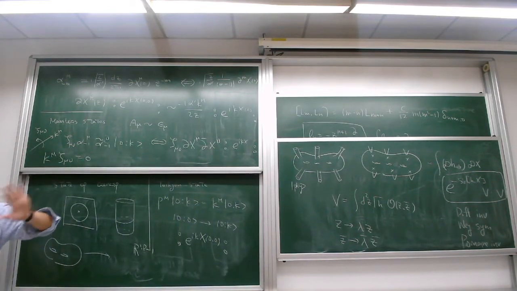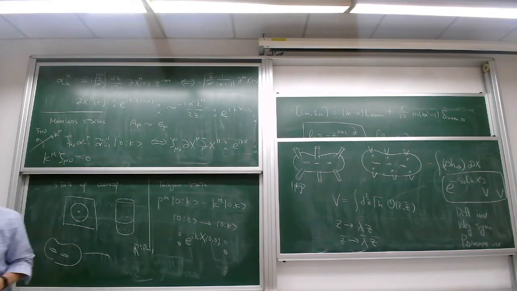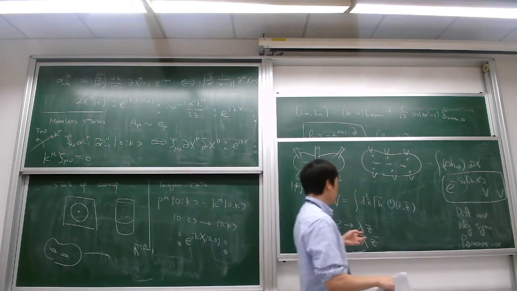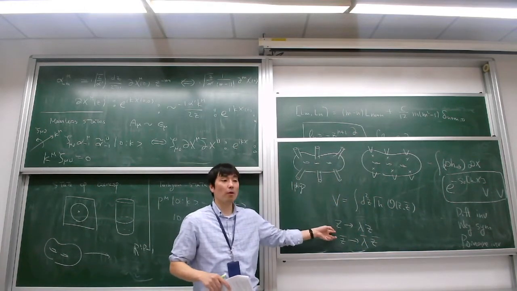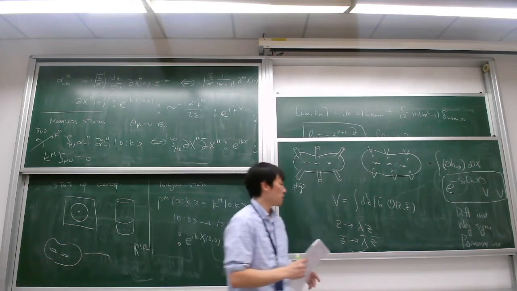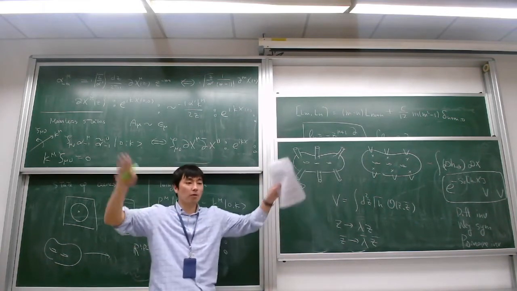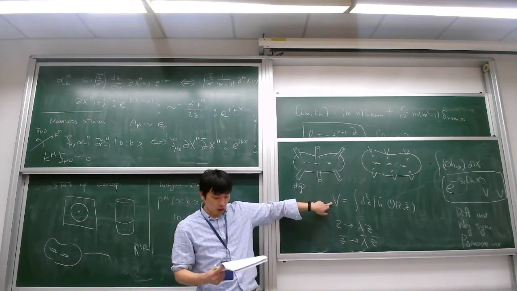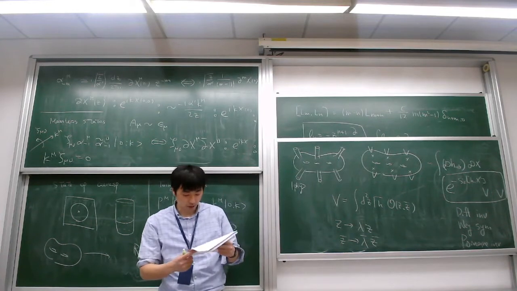If you scale the metric, you can zoom into the region or zoom out. So that's what the Weyl symmetry does, and this can also be understood as a diffeomorphism of the Riemann surface. Scaling is just a diffeomorphism. So therefore, this vertex operator should be invariant under this transformation.